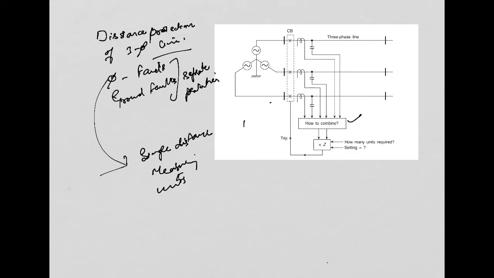That is, the number of measuring units is 3, and they will cater to 7 faults. Namely, what are the 7 faults? The 7 faults are AB, ABG, BC, BCG, CAG, and then ABC.